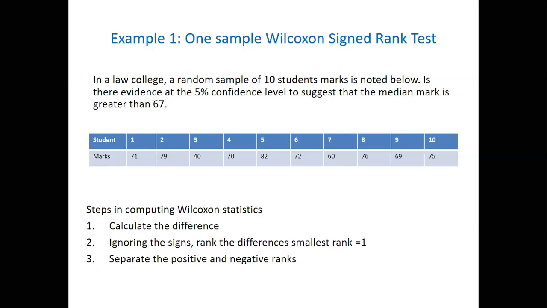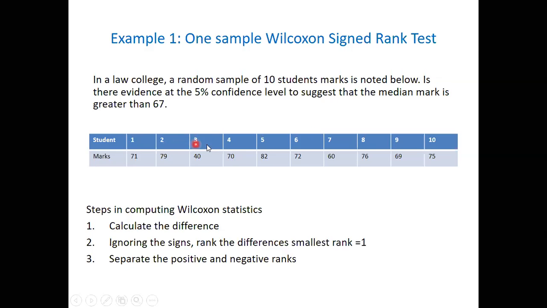In a law college, a random sample of 10 student marks is noted below. Is there any evidence at the 5% significance level, or 95% confidence level, to suggest that the median mark is greater than 65?